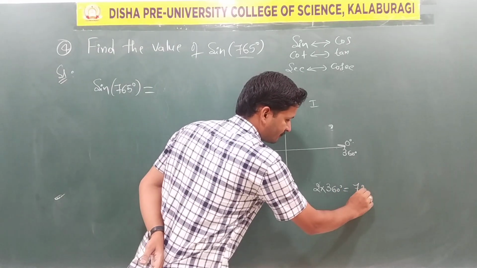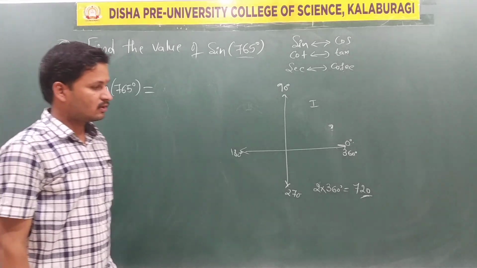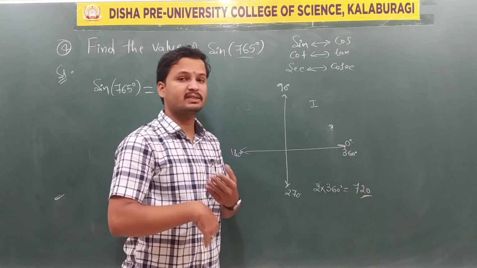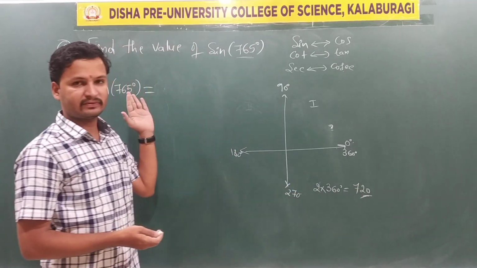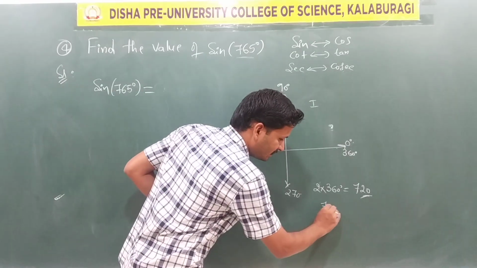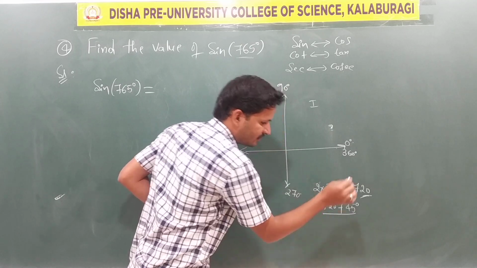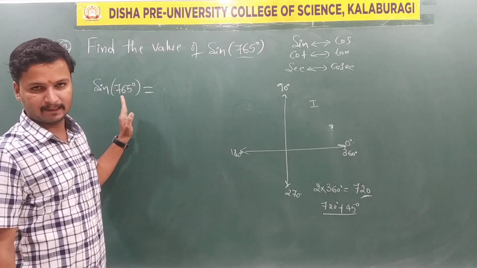So here 765 degree is there. How much angle do we need to add to this 720 degree to get 765? That means 45 degree. Correct? So 720 degree plus 45 degree. So 720 plus 45 is equal to 765 degree.